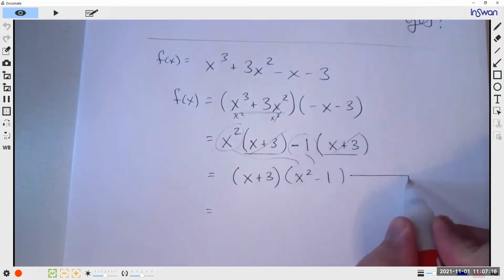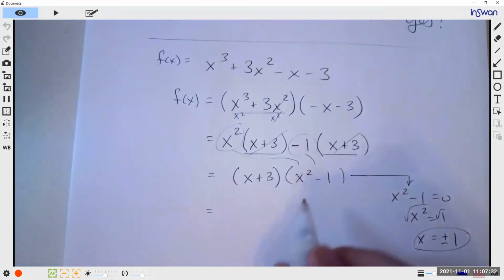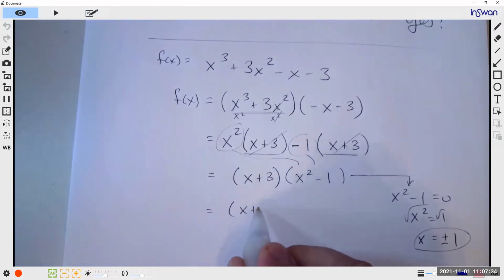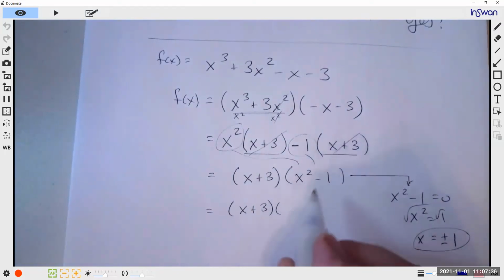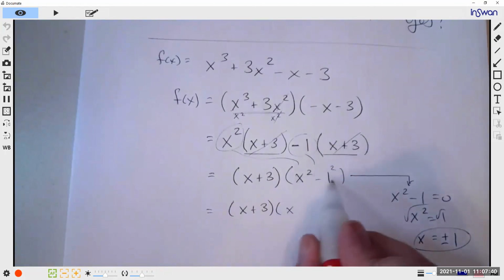Again, this last one, if you wanted to, you can just go ahead and solve it. So x squared equals 1, square root both sides, x equals plus or minus 1. So those are these 2 answers. Or if you wanted to look at that, we know that this is the same thing as 1 squared. So it's a difference of 2 squares.